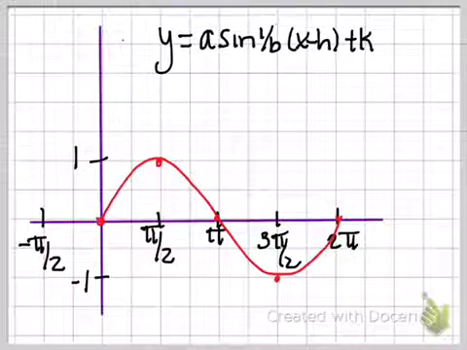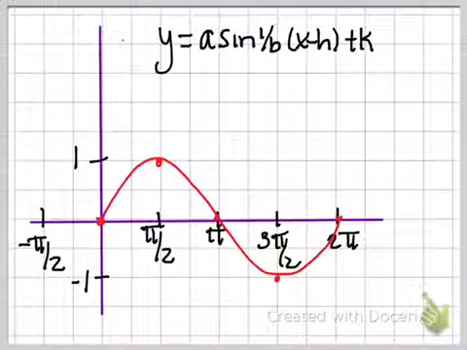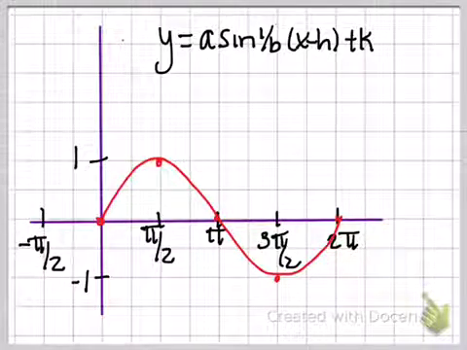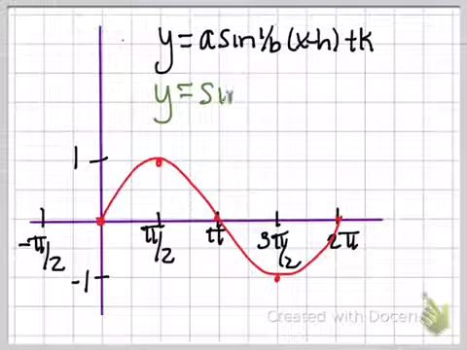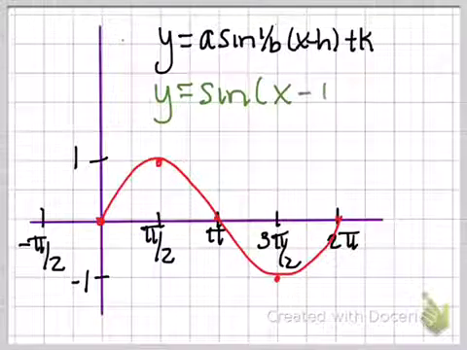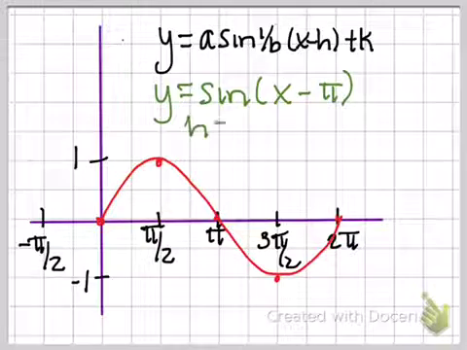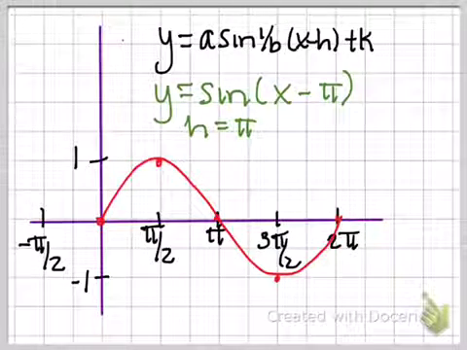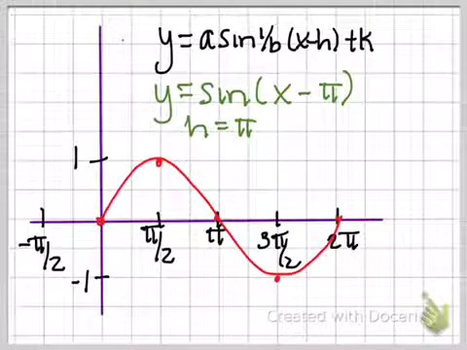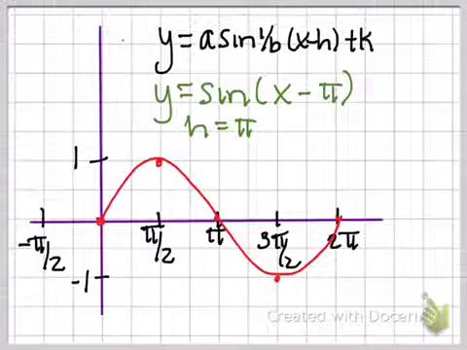And finally, suppose we wanted to move the graph right, say pi units. It would look something like this. Here h is now pi, so everything is moving over pi units, which means on this graph it would be over 4 spaces.